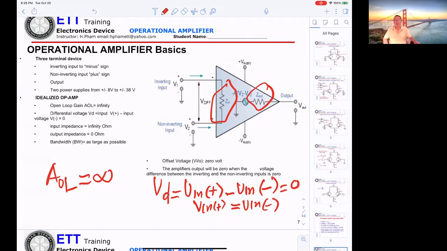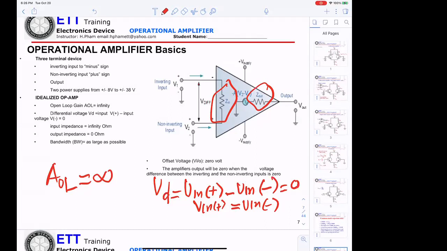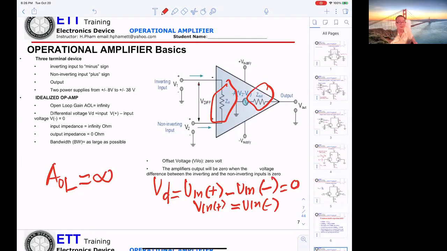For the output impedance, my question is, how come they want it to be zero? Does that have to do with the current flow? Exactly. They want more current coming out. If the output impedance is big, you limit the current. So they want it to be zero ohm, so that you can get maximum current coming out of the op amp.